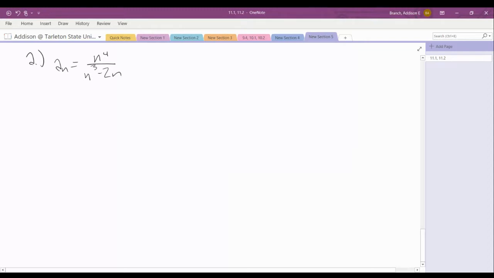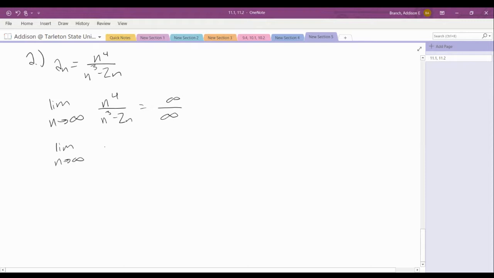Our first thing to do is find the limit as n approaches infinity. If we do this, we get n to the fourth over n cubed minus 2n, which of course gets us infinity over infinity. But we can either do L'Hopital's or we can just divide everything by the biggest power.